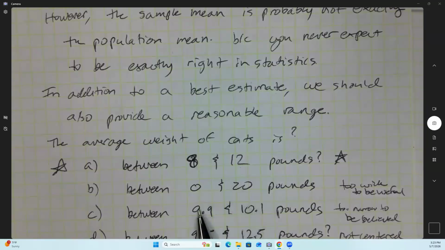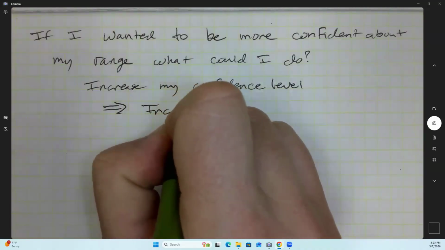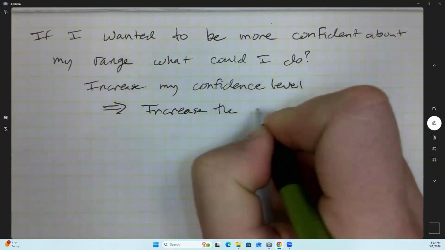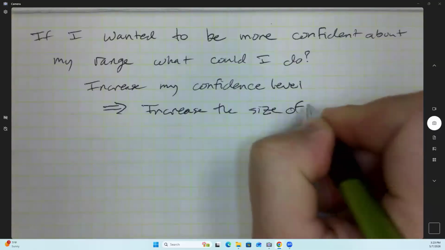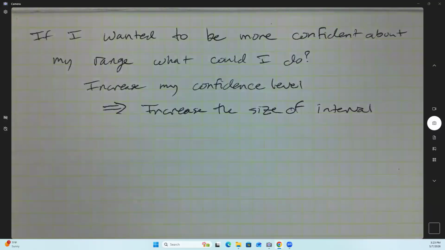Are we more sure or less sure that this really little interval contains it? Less sure. So if you want to increase your confidence level, you have to increase the size of the interval, because you have to make it less likely that you got it wrong.